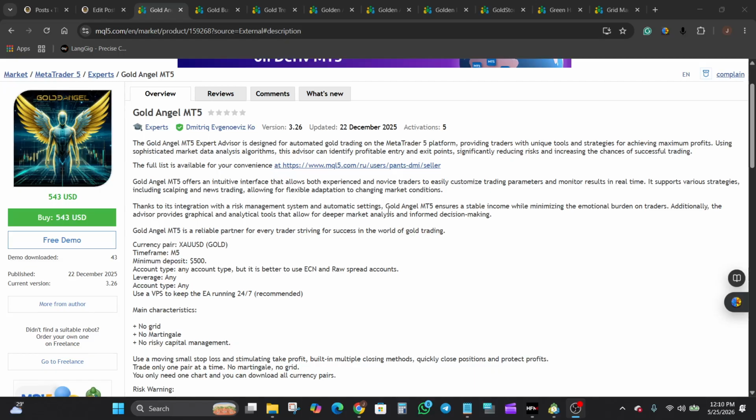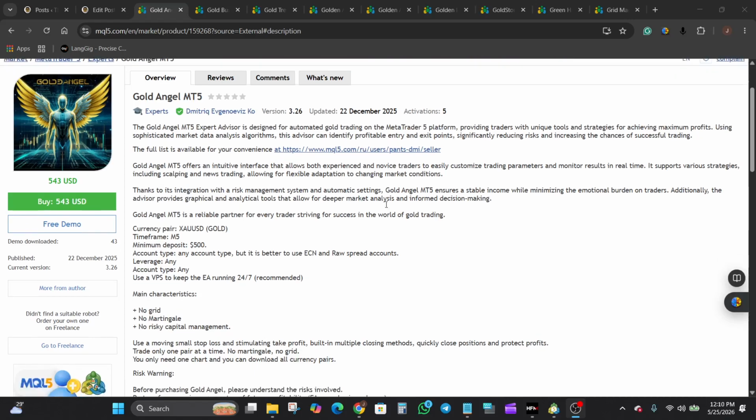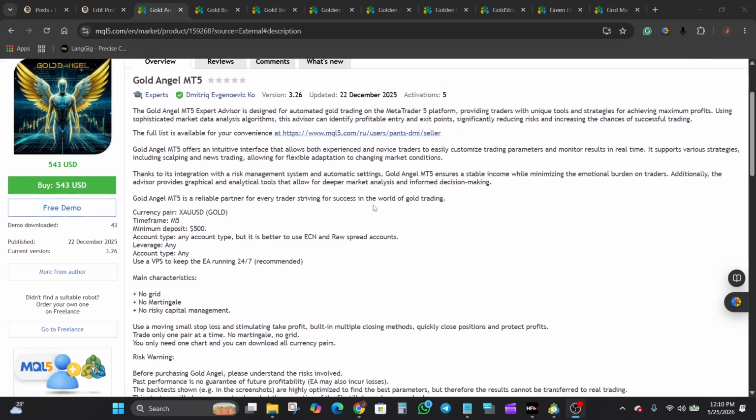Now, moving into the description, the developer presents this as a fully automated gold trading system designed to analyze market data and identify potential entry and exit points. Now, it also highlights support for different approaches like scalping and news-based trading, which suggests it is designed to adapt to different market conditions.